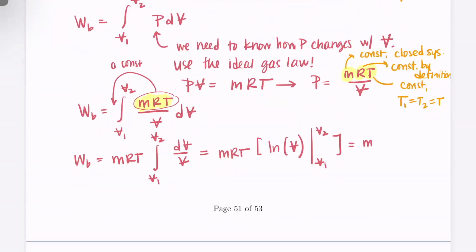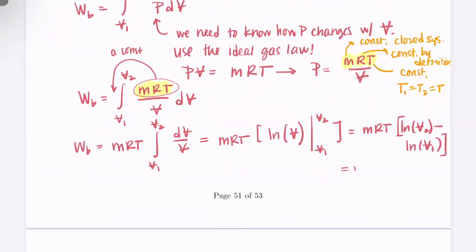So we have mRT natural log of V2 minus natural log of V1, which is mRT times natural log of V2 divided by V1. Right?